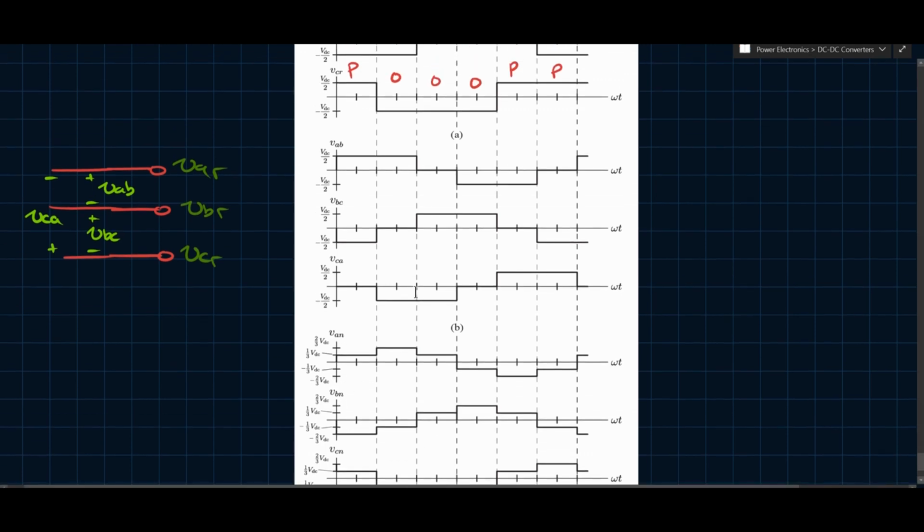So you remember I mentioned that sometimes you have a 3-phase load, and the 3-phase load is connected something like this, and you want to find out what the voltage is with respect to this neutral, right? So that's what this VAN, VBN, and VCN is. So this would be VA. So I guess we can say this voltage here is VAN.